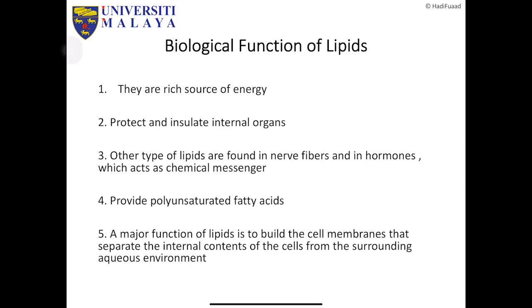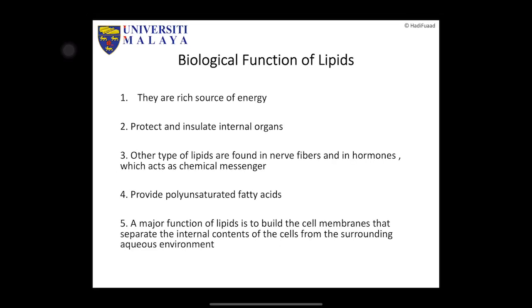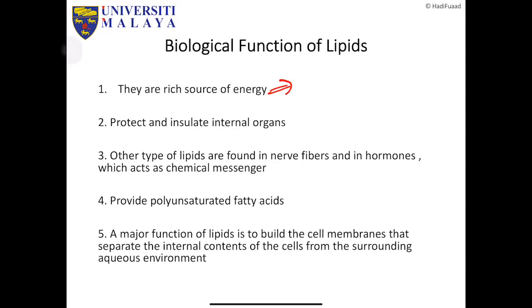So, biological functions of lipids. First, they are a rich source of energy, as I mentioned, but they are very slowly metabolized. That's why our body utilizes glucose primarily compared to lipids. First is glucose, second is proteins, and the third is lipids.